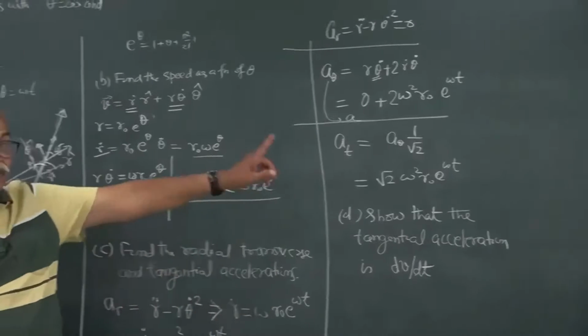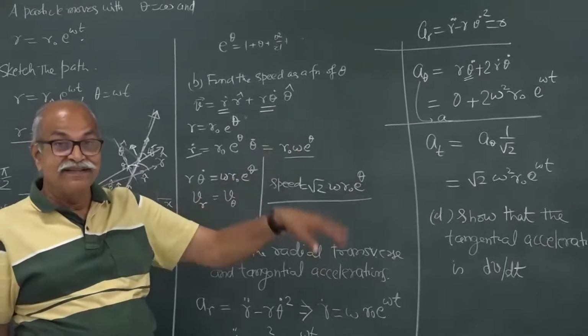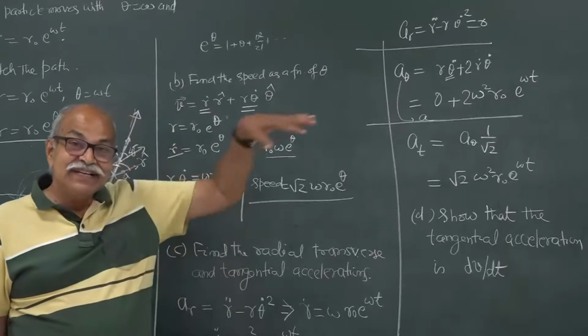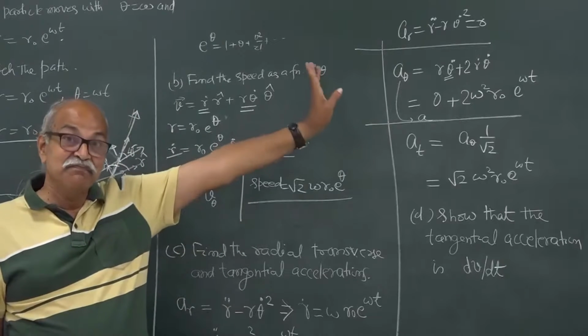In circular motion you must have studied that the radial acceleration is v squared by r towards the center, and the tangential acceleration is dv dt, the rate of change of speed.